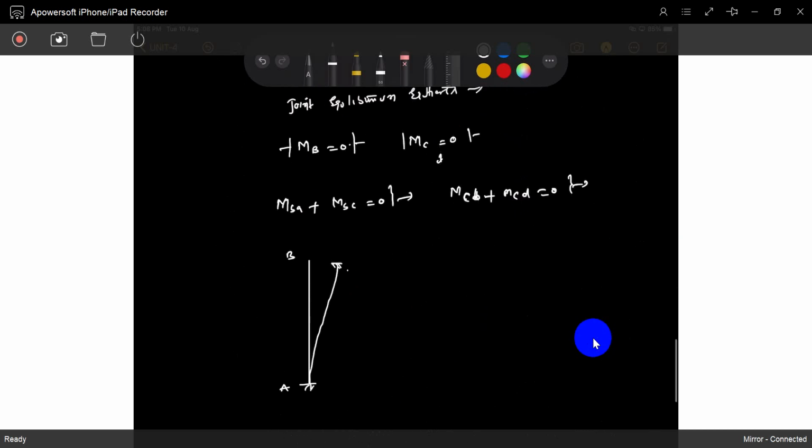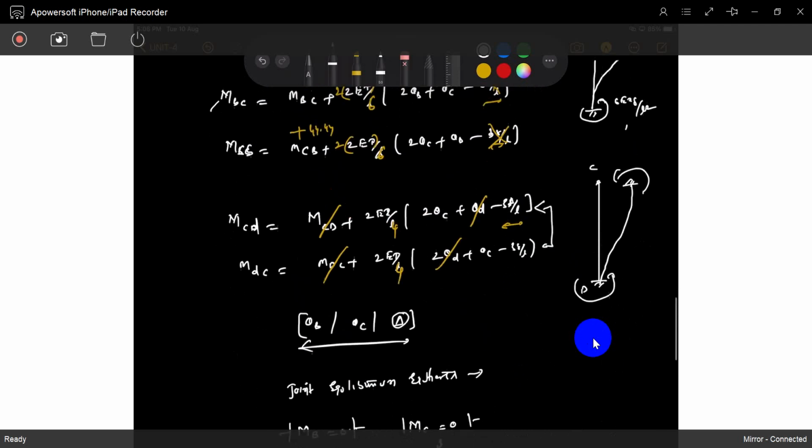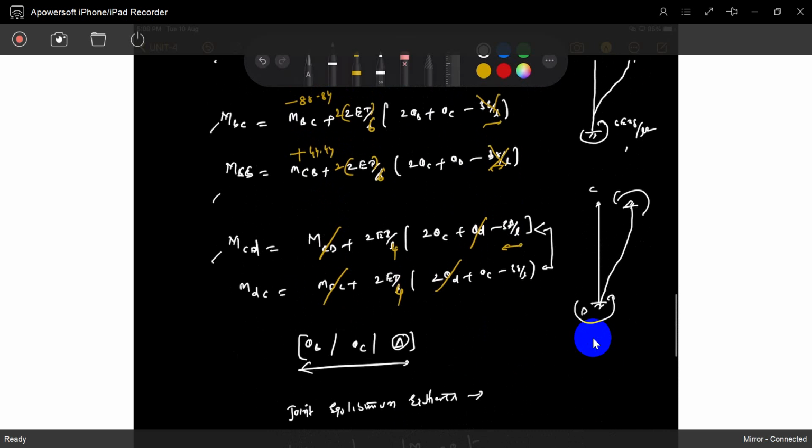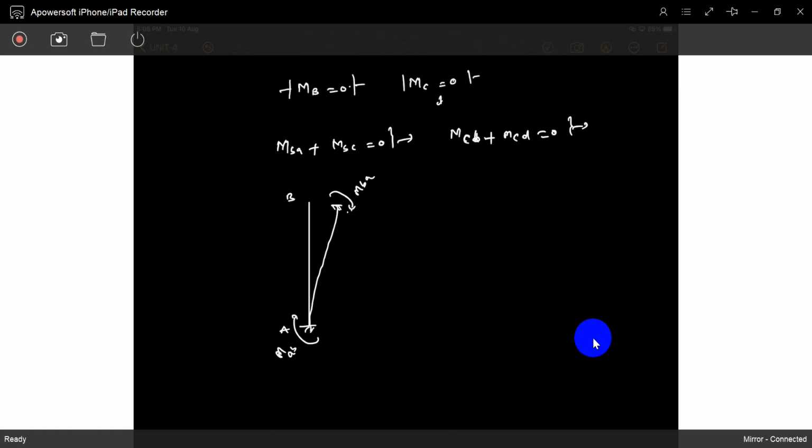Finally it gets some value. We don't know which direction the moment is, but everything written clockwise is taken as positive. Later we will get negative or positive, we don't know. So I write in the free body diagram that it has a moment of MAB. It has a moment of MBA. Final moment, maybe positive or negative.